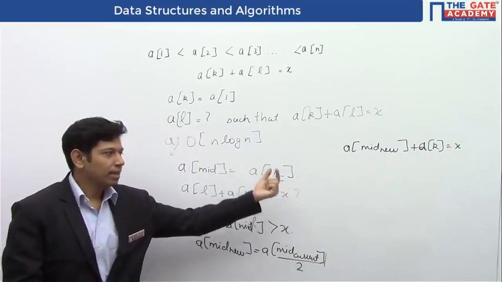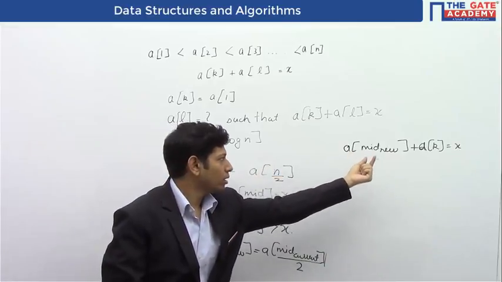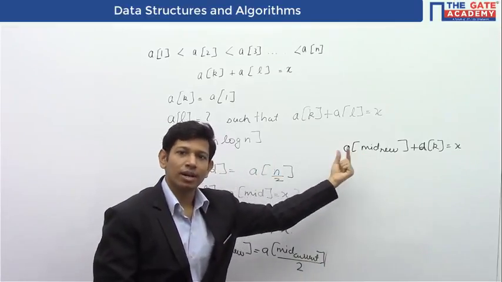When we check this, we will obtain either a of new mid plus a of k equal to x, or less, or greater.